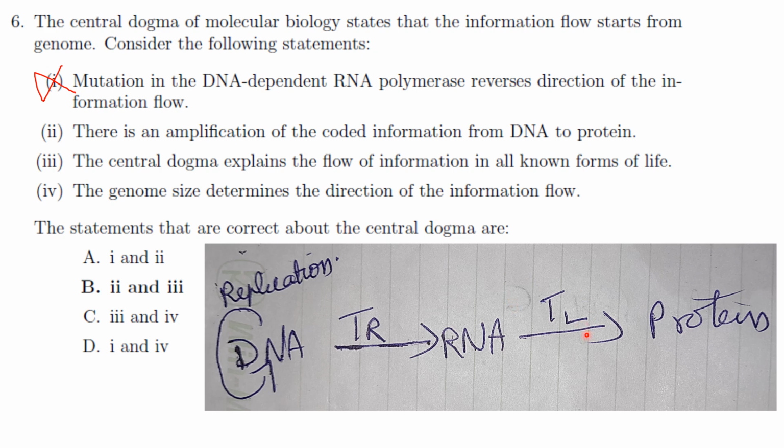That is amplification of the coded information. So that is correct; 2 is a correct statement. The central dogma explains the flow of information in all known forms of life. That's also correct. The genome size determines the direction of the information flow. No, the genome size does not determine the direction of the information flow. So that makes 4 wrong. So your answer is B, that is 2 and 3.